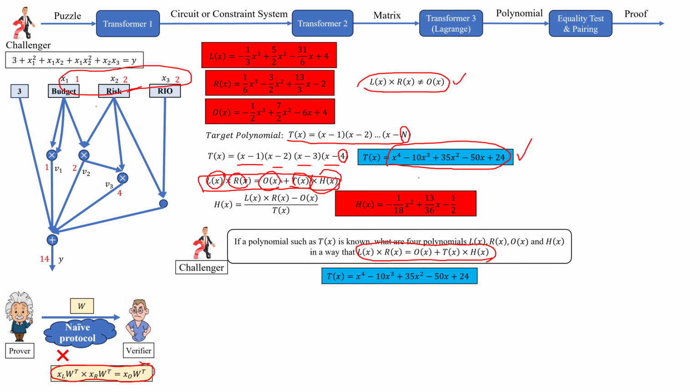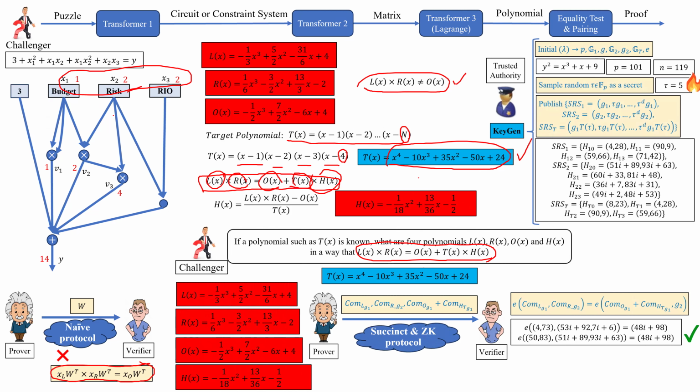So instead of working with matrices and sharing those matrices, now the prover just needs to convince the verifier that they know those four polynomials. And based on our discussion in the previous lecture, what was the solution for such an algorithm?